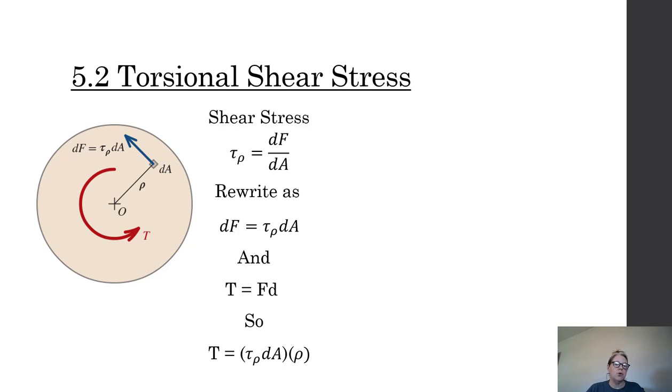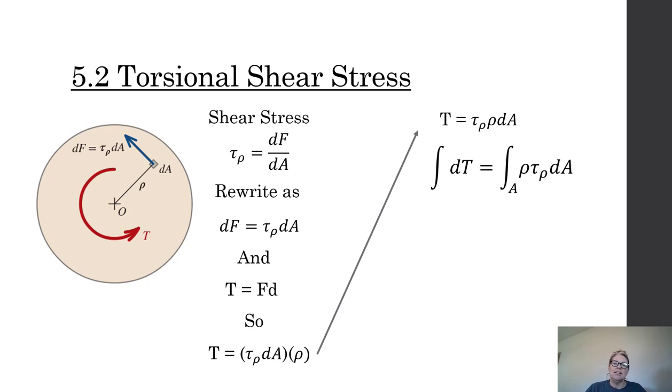So I now have torque as it relates to the shear stress, my area, and rho, my distance along that radial line. I can continue with my math, and I'm just swapping the dA over. It's the same equation.